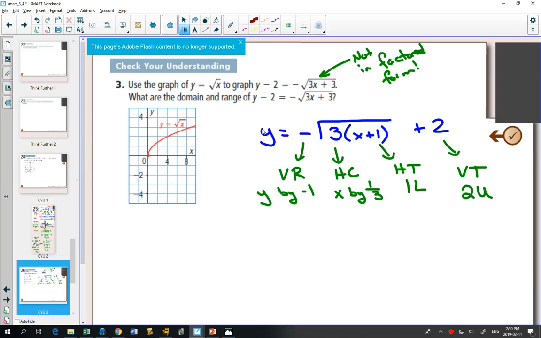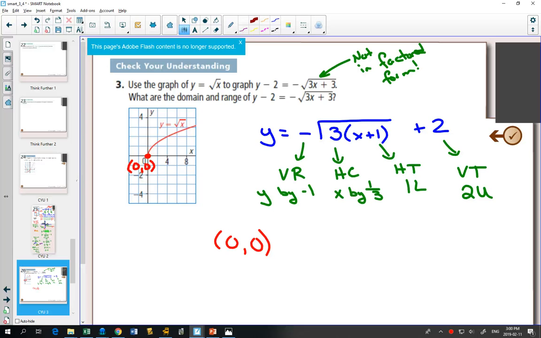What are some key points on our original graph? Well, you will always include 0, 0 as a point that you start with because that's where a square root graph starts. Choosing other points, you can choose whichever other points you like. However, sometimes you might end up dealing with fractions depending on the point you choose.